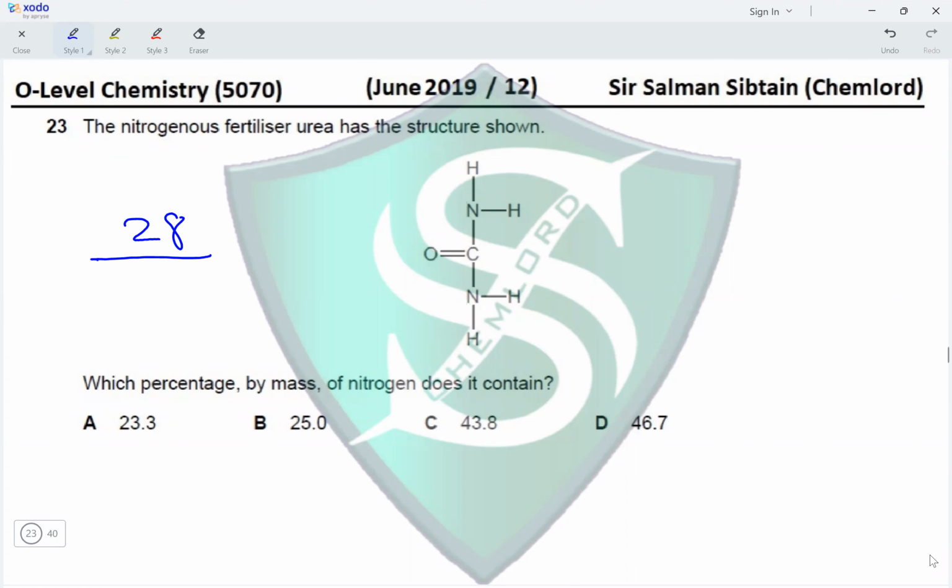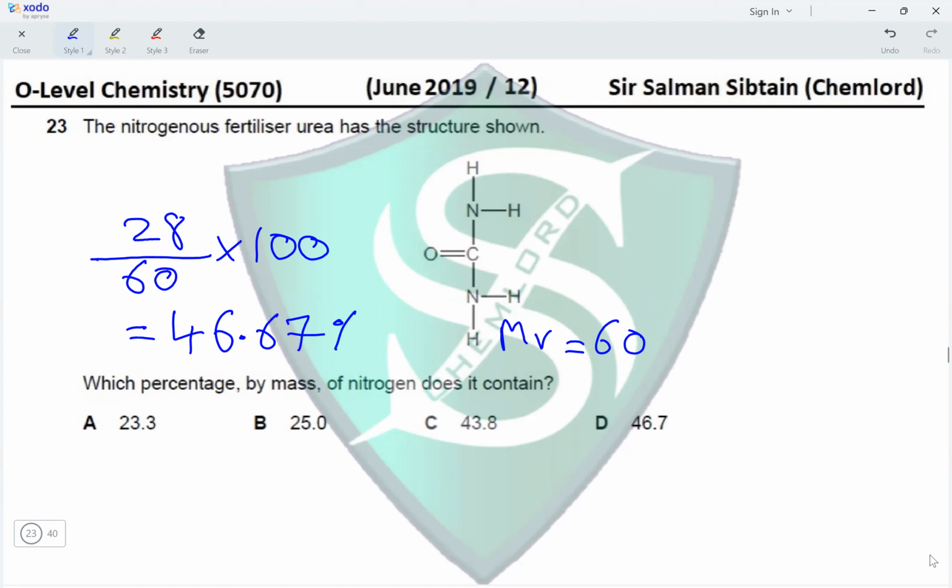So this gives us a total Mr of 60. To calculate the percentage, we divide 28 by 60 and multiply this ratio by 100. We end up with 46.67% by mass of nitrogen. This makes option D the correct option for this question.